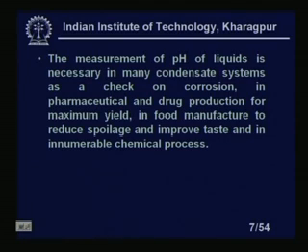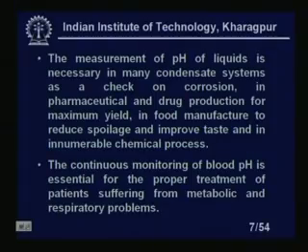In food manufacture, to reduce spoilage and improve the taste, and in innumerable chemical processes, you will find applications of measurement of pH. The continuous monitoring of blood pH is essential for the proper treatment of patients suffering from metabolic and respiratory problems, because blood has a pH that varies from 7.35 to 7.4, or 7.5.